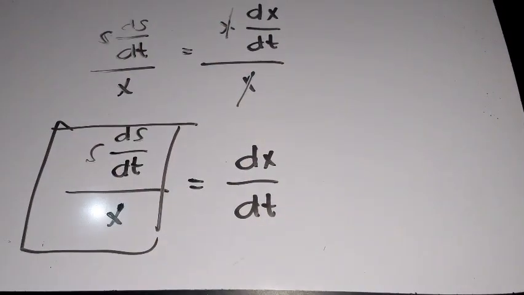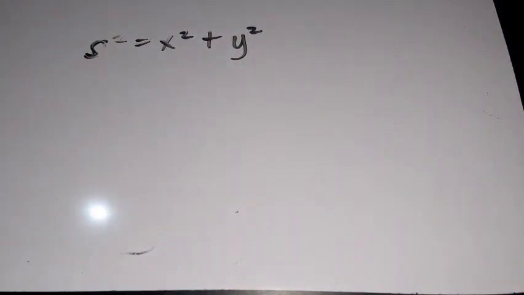And after solving for dx/dt, we're now going to solve for x. In solving for x, we again use the Pythagorean theorem. s squared equals x squared plus y squared, and we substitute all the numbers found in the given.